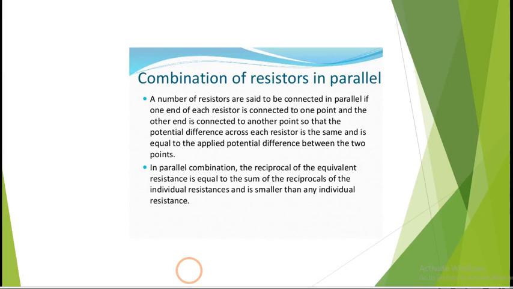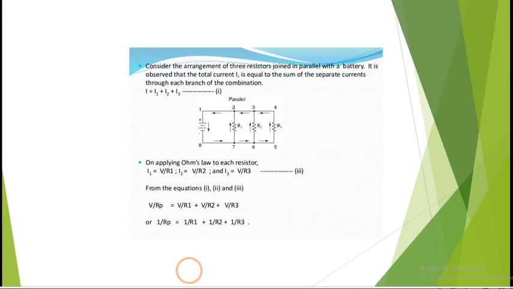In parallel combination, the reciprocal of the equivalent resistance is equal to the sum of the reciprocals of the individual resistances and is smaller than any individual resistance. This means exactly opposite to series combination. In parallel, the potential difference remains constant and the current gets divided among the individual resistors.